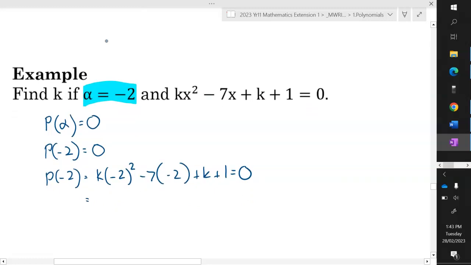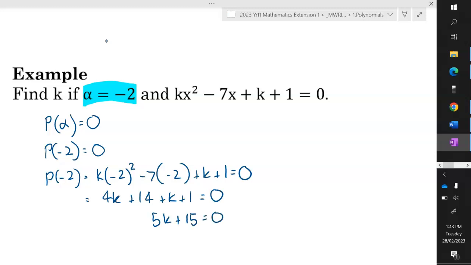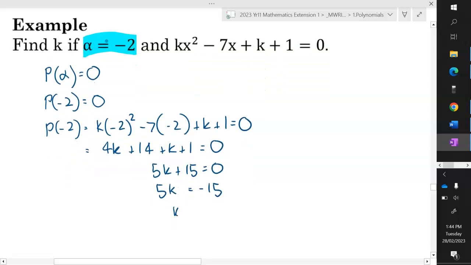So what that's going to equal is 4k plus 14 plus k plus 1, and that is equal to 0. So 4k plus another k is 5k plus 15 is 0. So 5k is equal to minus 15, and therefore k is equal to minus 3.